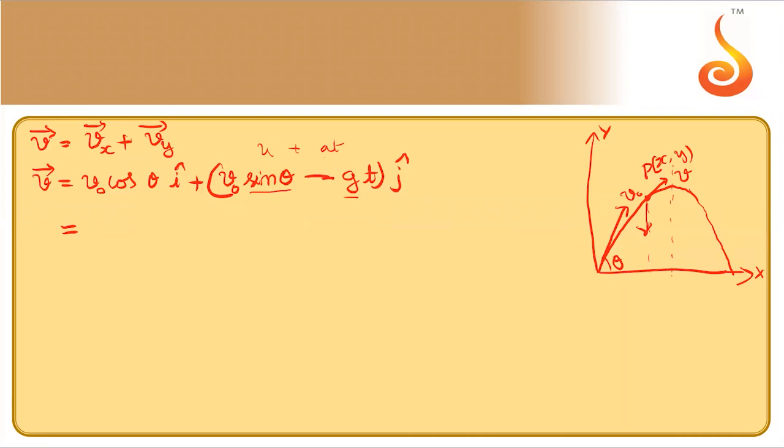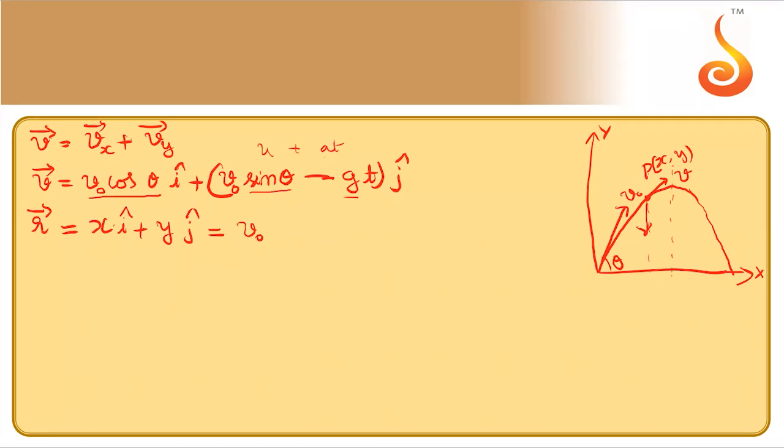Now the position of the particle r can be written as: the position vector of point P is x i cap plus y j cap. That should be the horizontal component of velocity into time taken.